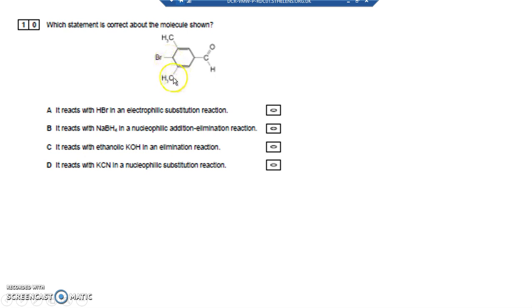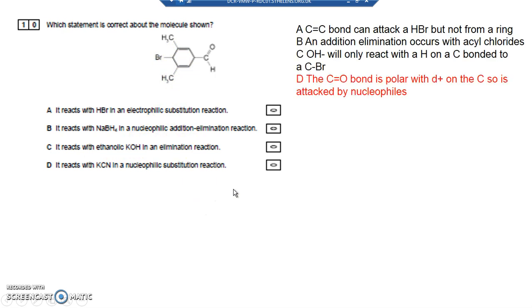No, the Br isn't adjacent to the CH3. So if the OH- attacked that H and took that off as H2O, the electrons from the CH would go into this bond here. So the C would have to be adjacent to a Br, so that C there would have to have a Br. No, C is incorrect. D is your answer.